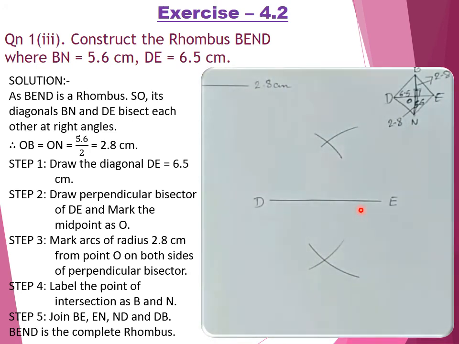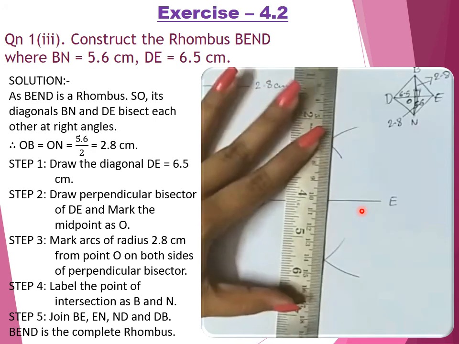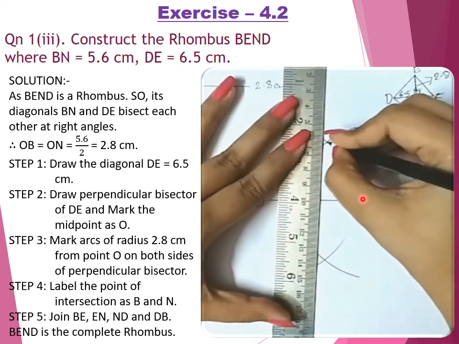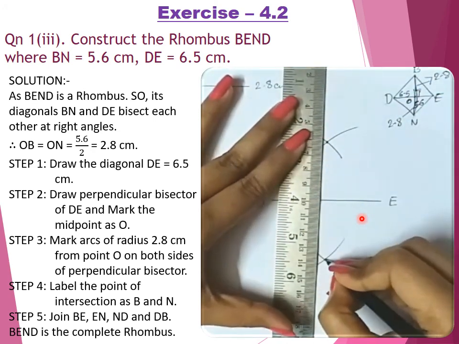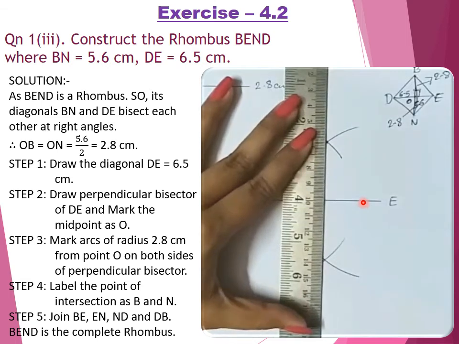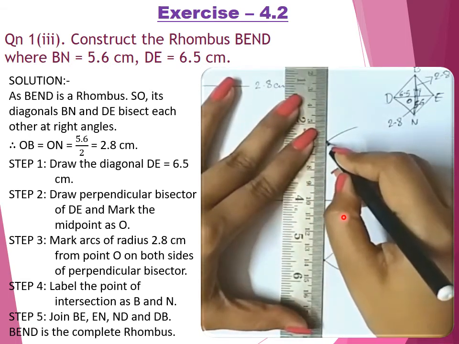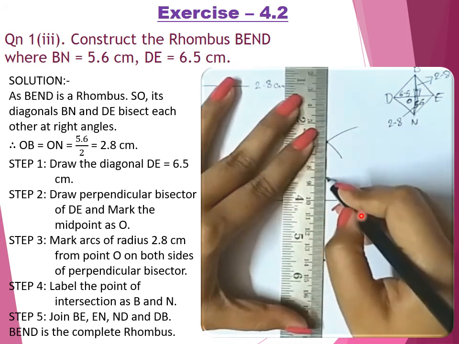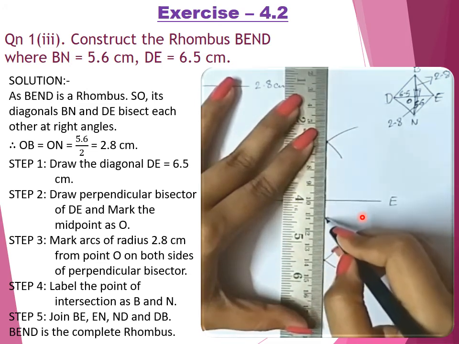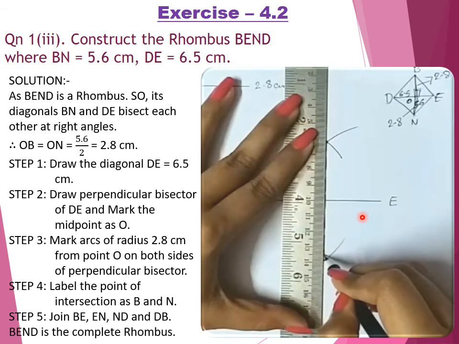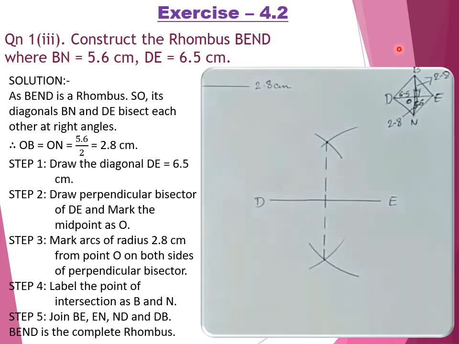So we can see that there are 2 points of intersection at the top and the bottom of the line DE. Now we will mark the 2 points and join them with a straight line. We can make it a dotted line or a complete straight line. Now we have marked it with a dotted line.